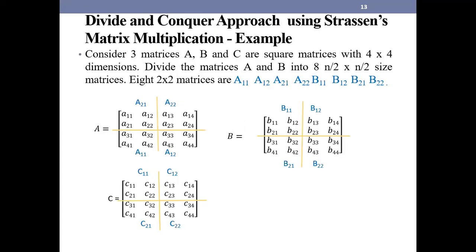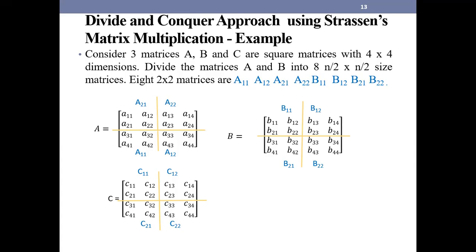And we will go to the divide and conquer approach using Strassen's multiplication. There are 3 matrices with size 4 cross 4, and we divide the matrices A and B of size n into 8 submatrices of size n by 2. So we have 8 2 by 2 submatrices: A11, A12, A21, A22, B11, B12, B21, B22.